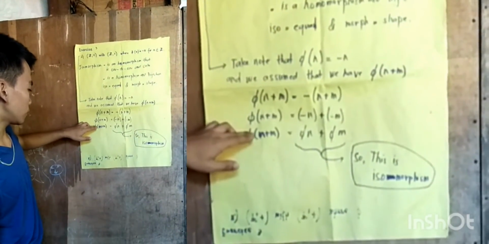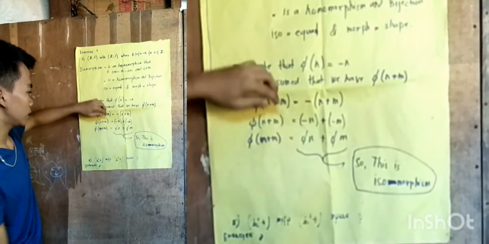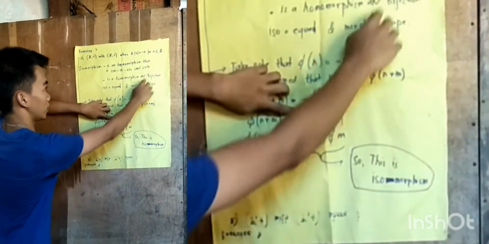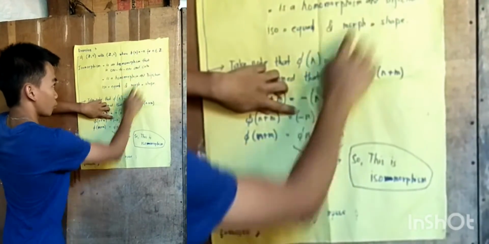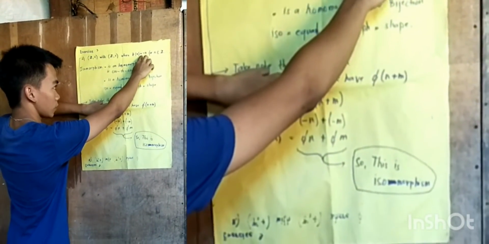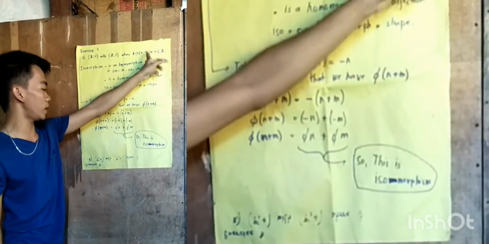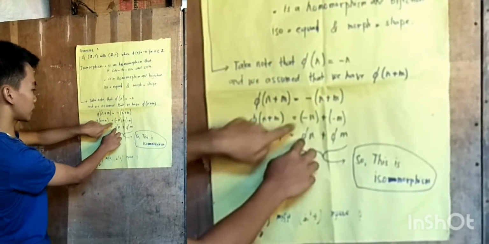So for φ(n) plus φ(m), I told you earlier that φ(n) is equal to negative n. So let's substitute this negative n into φ.